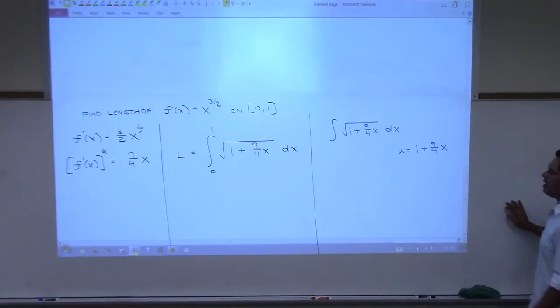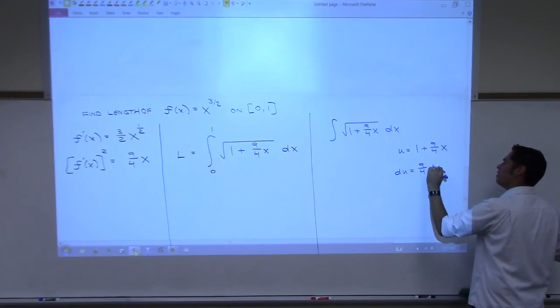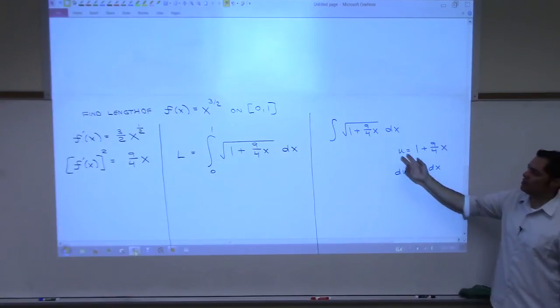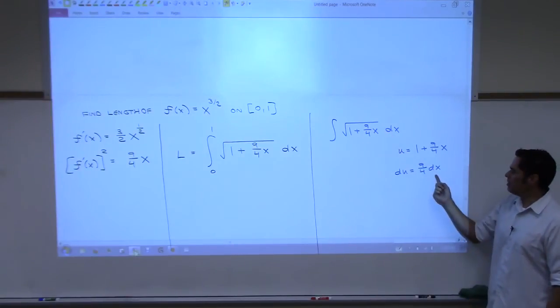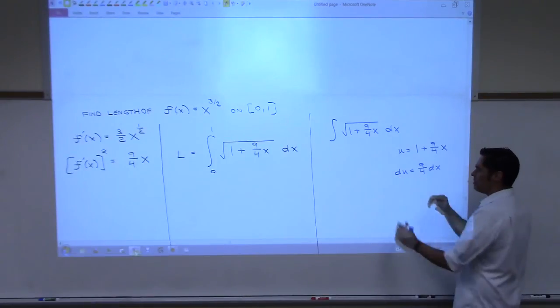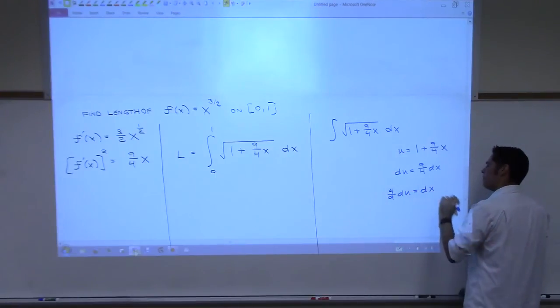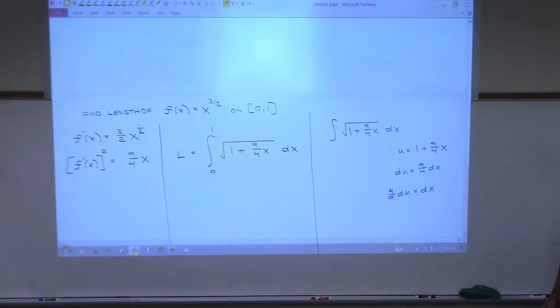What's the derivative of that? 9/4. Just 9/4 dx. You don't have a 9/4, do you? But you have a dx, so I can get rid of this, scale it out, multiply both sides by 4/9. And now rewrite the integral.